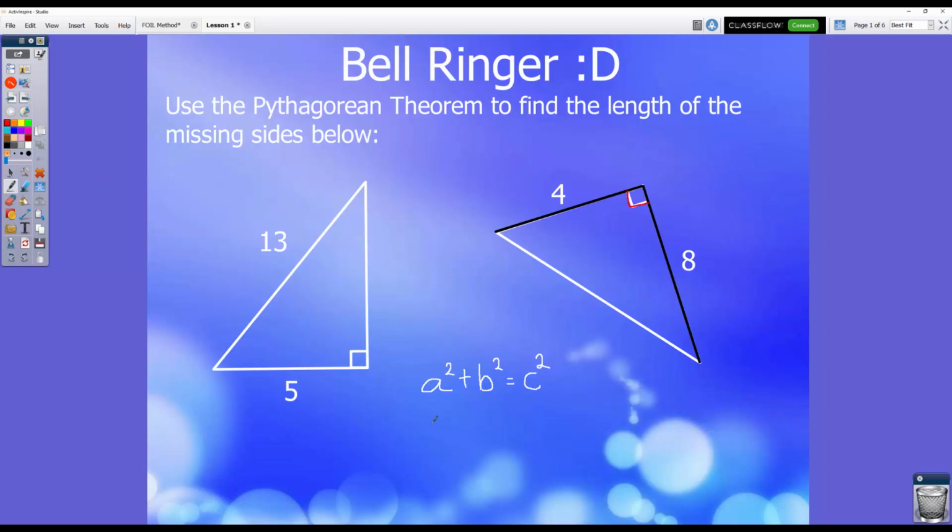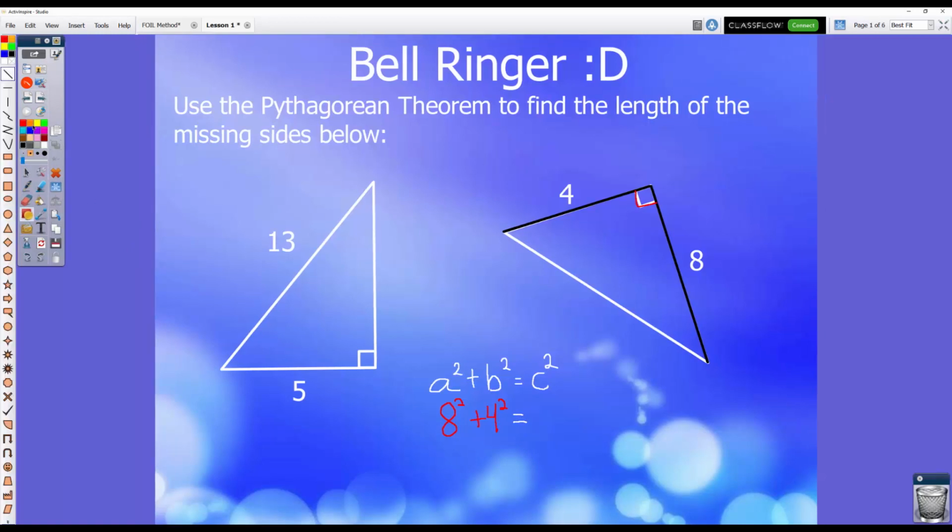I'm going to go ahead and plug 8 in for a, and I'll plug 4 in for b, but you don't have to. And all of that is going to be equal to c squared.